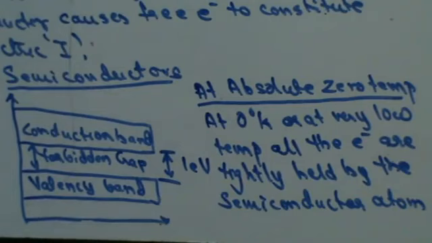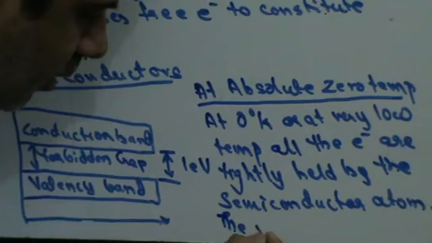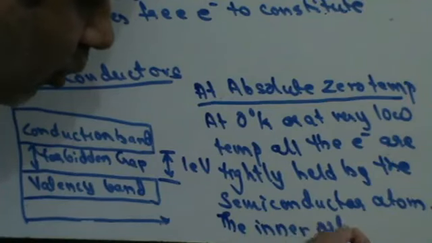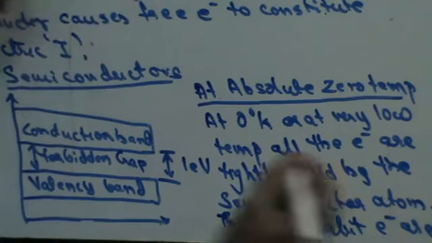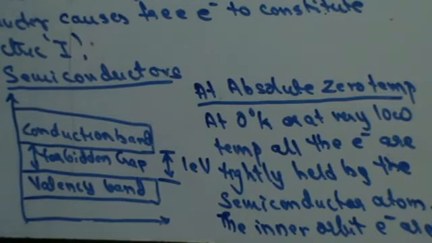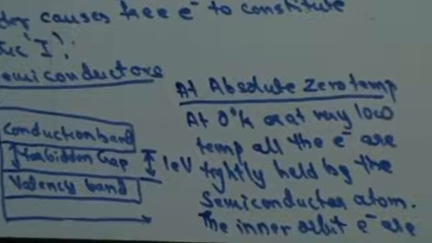The inner orbit electrons are bound to the nucleus and the valency electrons are engaged in covalent bonding.